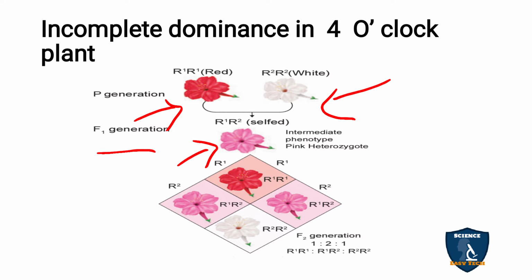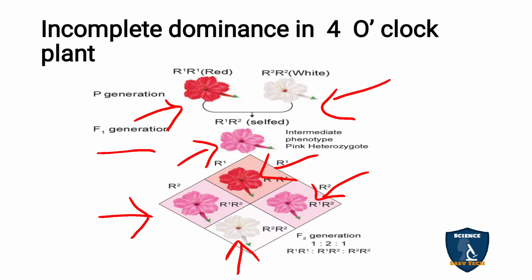Now this pink colored plant is selfed, and in the F2 generation you get one red color R1R1, one white color R2R2, and two pink color R1R2. This is what appeared in the F2 generation.